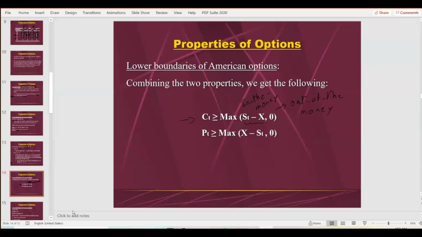For the put option, it's similar. The American put option value is always greater than or equal to the maximum of X minus ST when the put is in the money, and 0 when the put is out of the money.